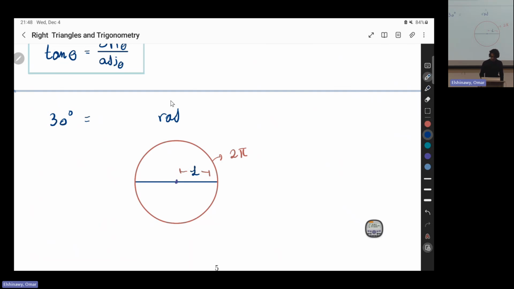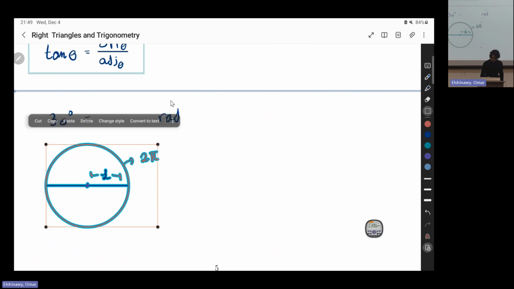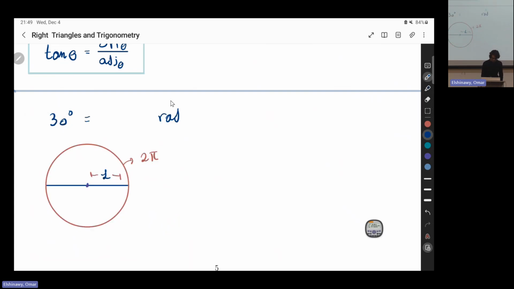Now, I think it was some physicists, I'm not sure, who came along and said, we don't like degrees. They're very unnatural to us. We'll make something that's nicer. We'll make 180 degrees, which is half a circle, be equal to pi radians. So it's the angle.